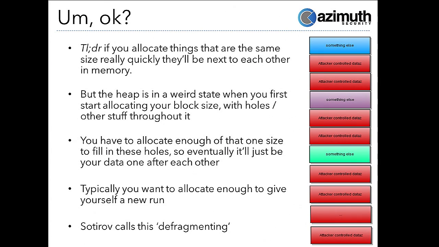Firstly, you cause a garbage collect, which gets everything taken away, and then you start allocating things that fill in all these extra holes. After a little while, once these holes are filled in, hopefully you can allocate enough to create a new run, and that new run will have all your data in there, assuming there isn't time for other things to be allocated in there and filled up, and you'll have just your data one after another.